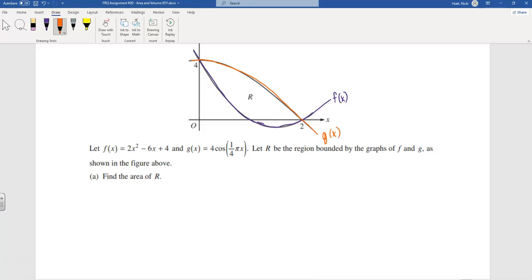And so if they're asking me for area, if it's 2D, you're just setting up integral of top function, which is going to be 4 cosine of 1/4 pi x, minus the bottom function. Make sure you put some parentheses around here: 2x squared minus 6x plus 4.